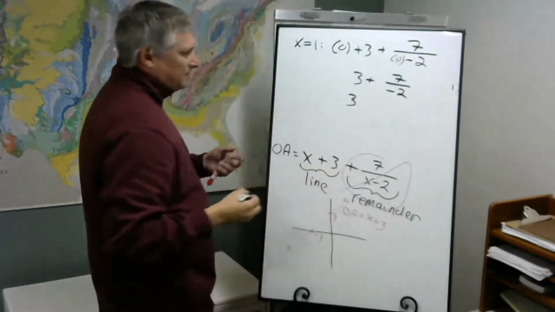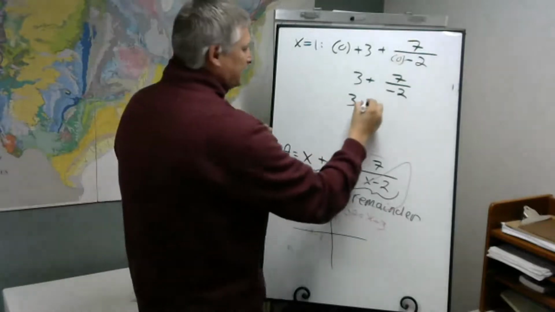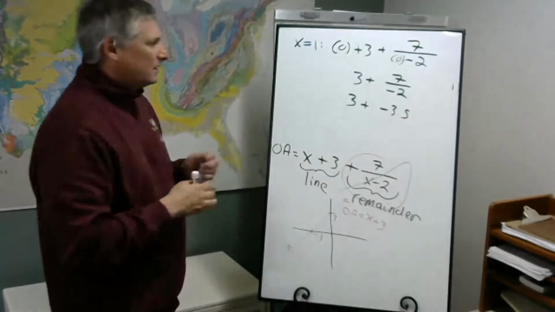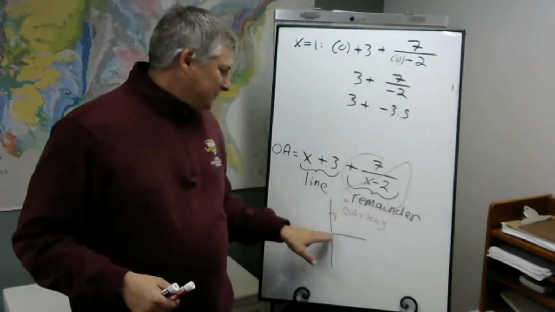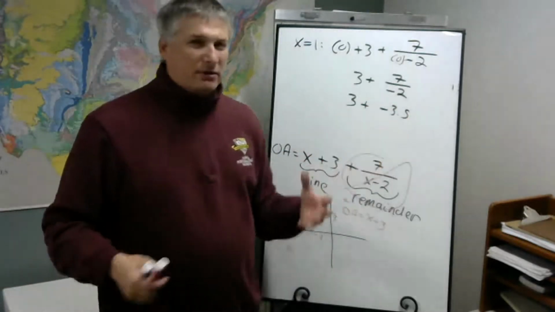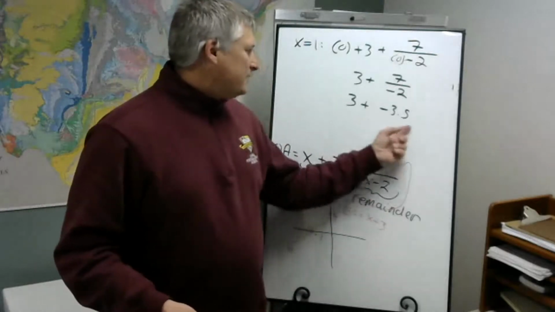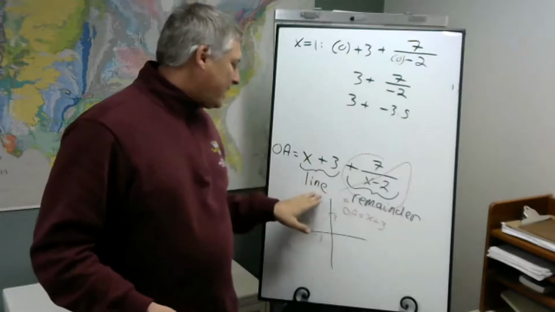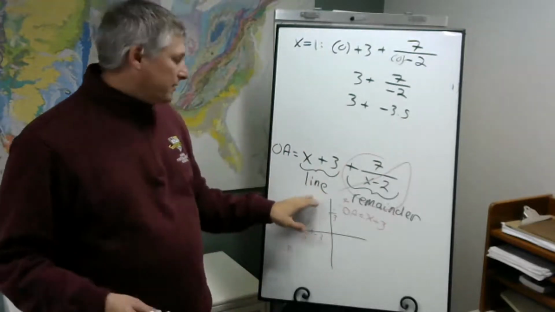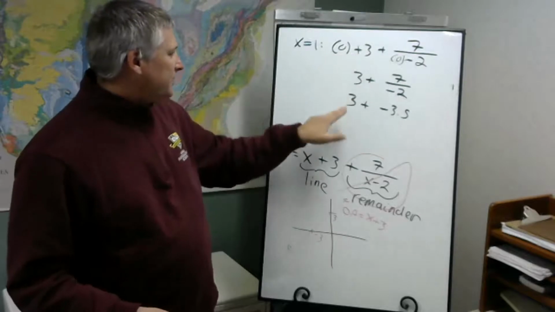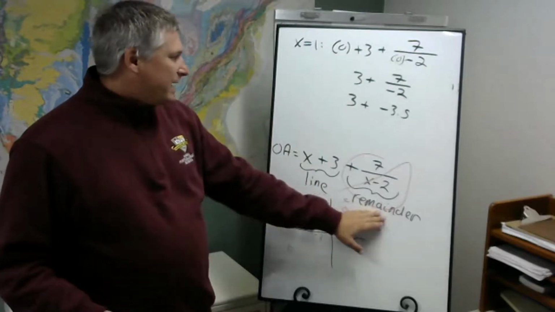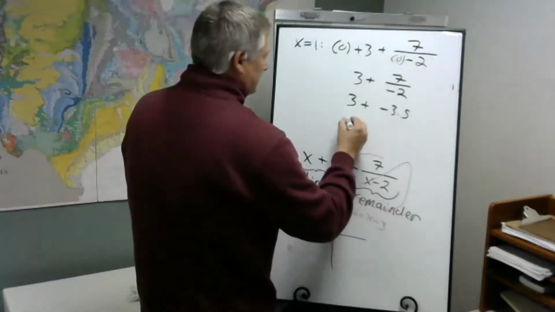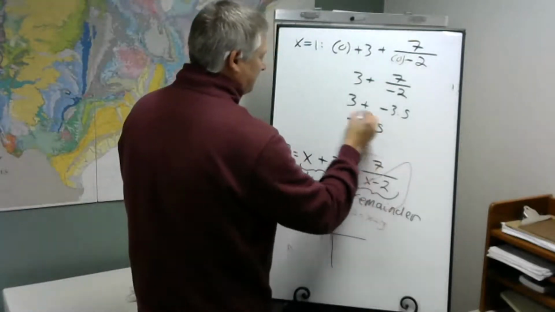And so it looks like we're going to have a value of 3, but guess what? This is negative 3.5. So at x is 0, this remainder term is dominant. This negative 3.5 is going to knock out this 0 plus 3 that the line part came up with. So the line part has 0 plus 3 is 3, but the remainder term is going to give us this negative 3.5, and so we get negative 0.5.